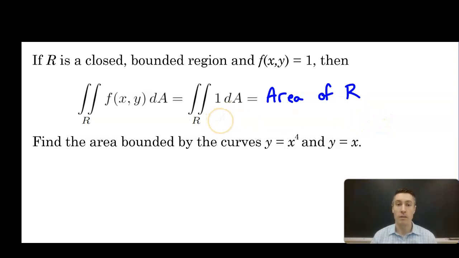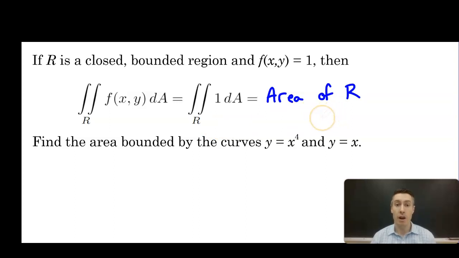Double integrals represent volume. But if we think of volume as area of the base times the height, if the height is 1, then the area of the base is equal to the volume. And we're using that fact to then say, well, then this double integral is a double integral that represents the area of the region that we are integrating over.